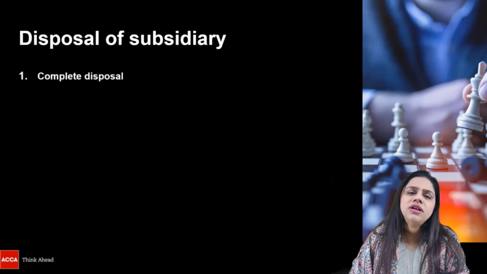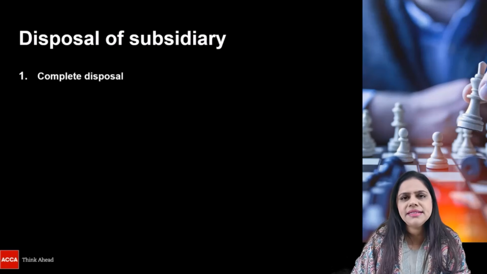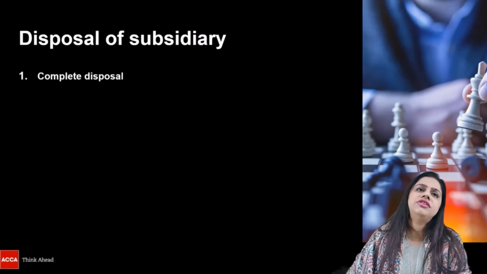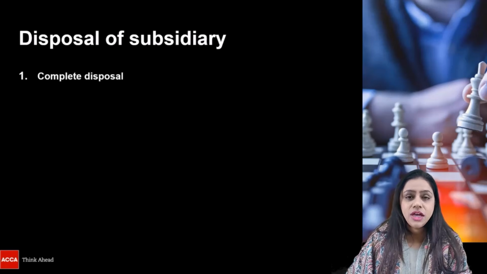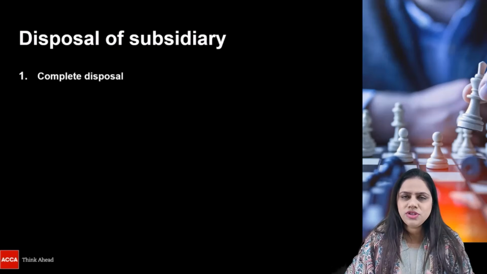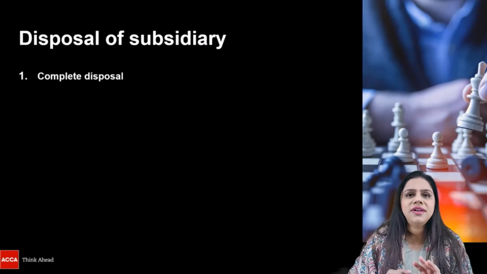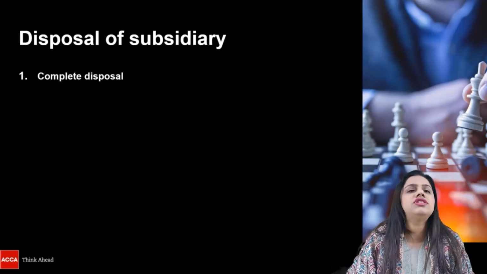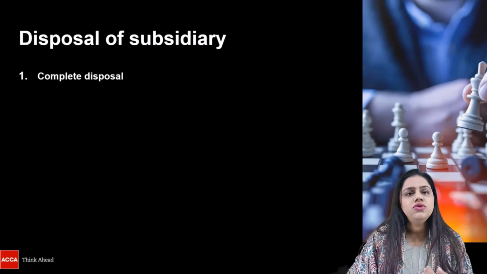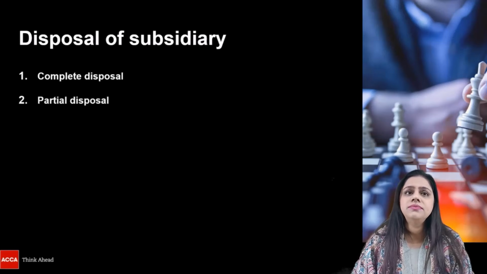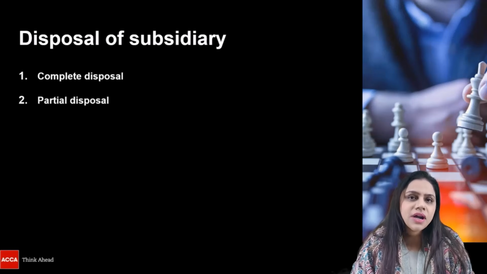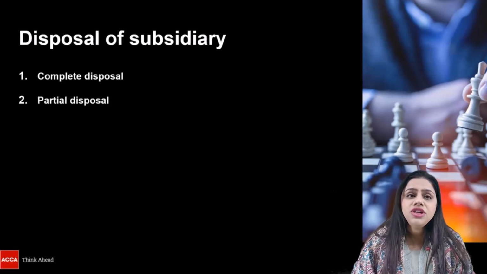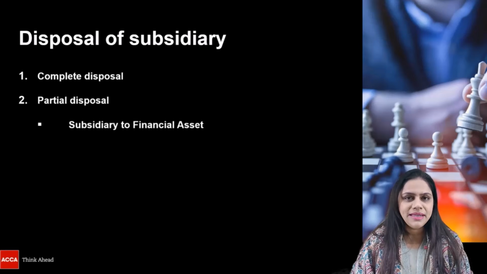Now, when we talk about the disposal of subsidiary in our exam, there can be two or three different ways in which it can be tested. You can have a complete disposal. Let's suppose you have an 80% stake in a company and you decide to sell off that completely. That is called a complete disposal. Also, there can be partial disposal, and partial disposal can lead to multiple cases.